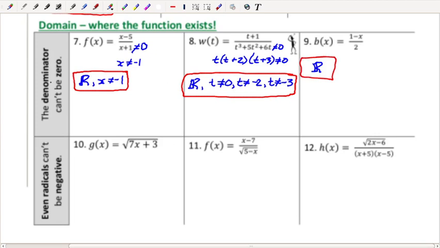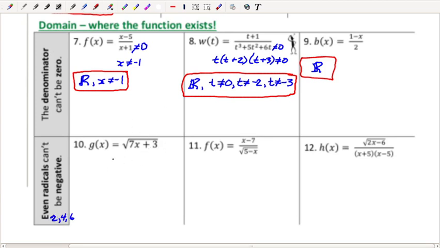Alright, so other than denominators, we have something else that restricts our domain, and that is our radicals. So this says even radicals can't be negative. Even as in 2, 4, 6, 8, not as in even radicals, but like a square root, a fourth root, a sixth root. Any even radicals can't be negative underneath the root sign.